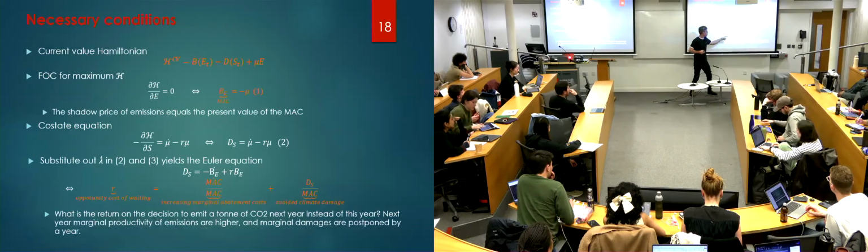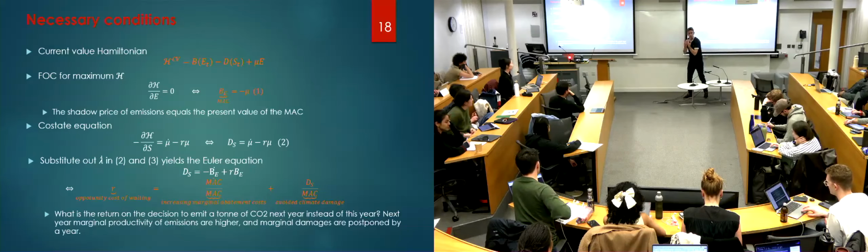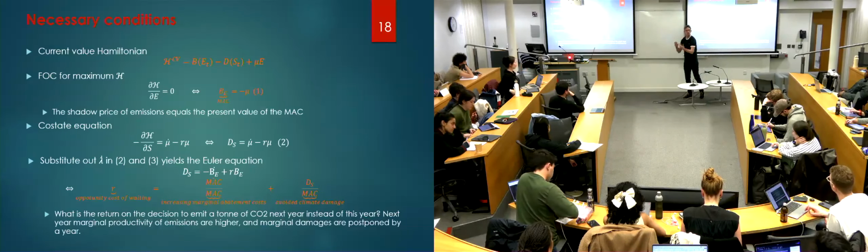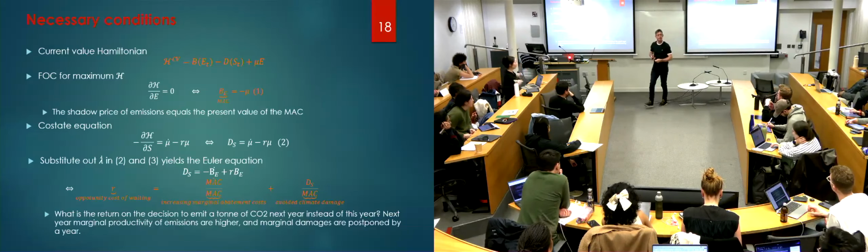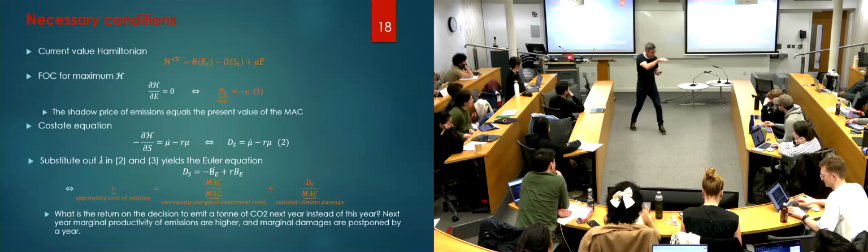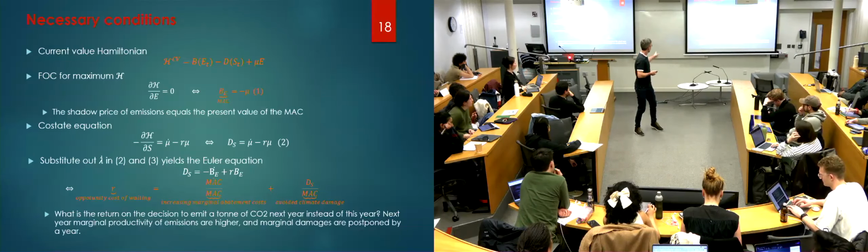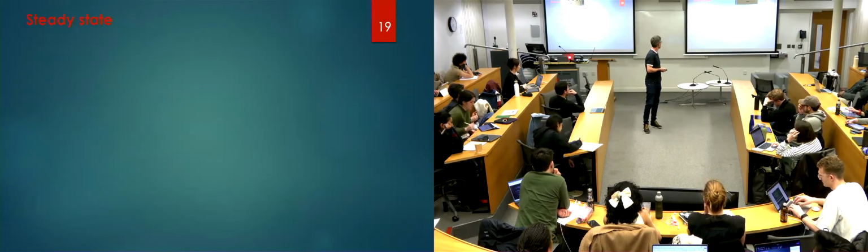But then there is a correction. Abating earlier also gives you a climate dividend. You warm later, and so in the meantime you have your damages later. So the carbon price goes up at less than the discount rate. That is what this co-state equation tells you.